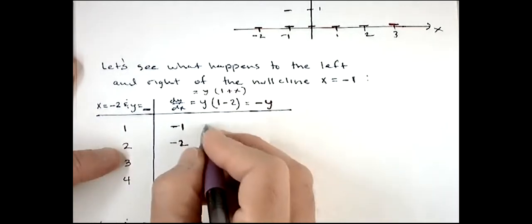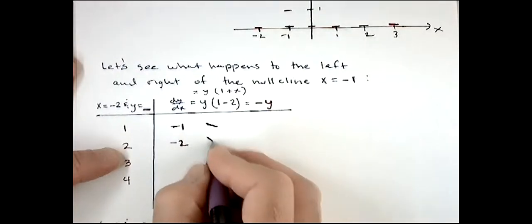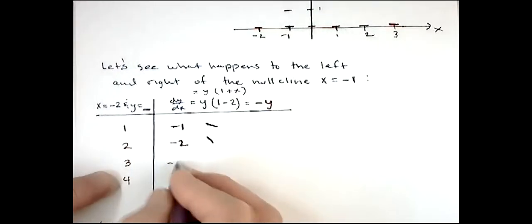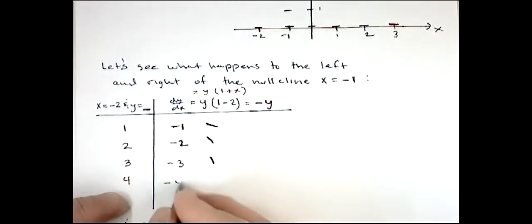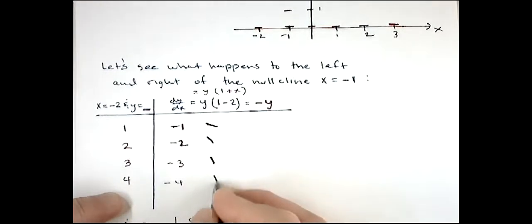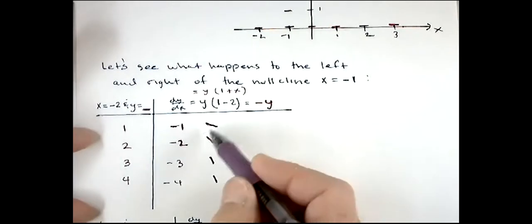So, -1 here, I'll draw a little sample. That might look like this. -2 is a little bit steeper, right? -3 is even steeper than that. This is going to be -4, which is at some point I can't draw them any steeper. And so I can take these slopes and add them to my picture.